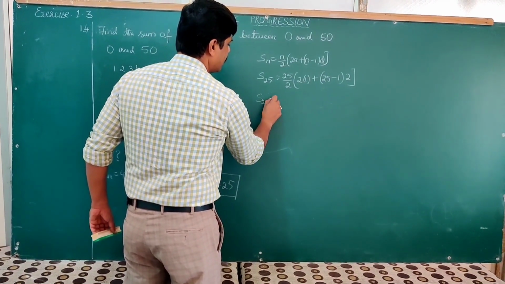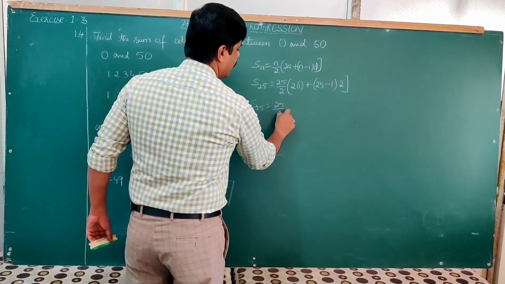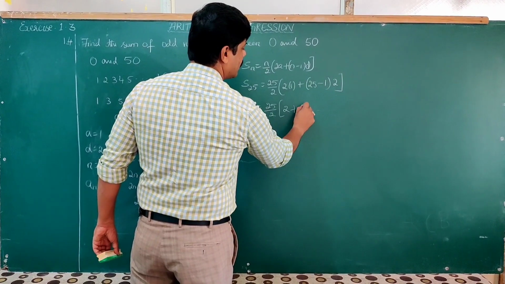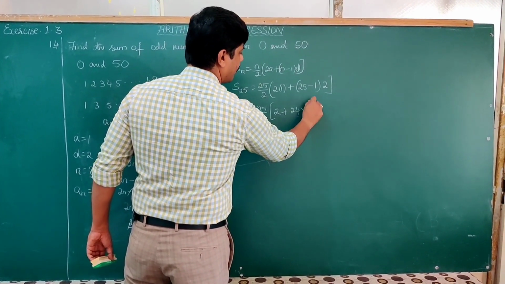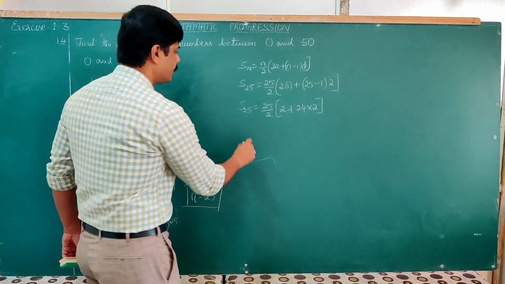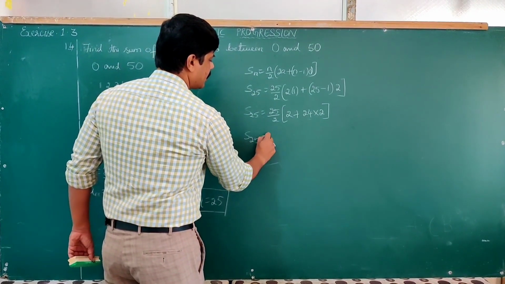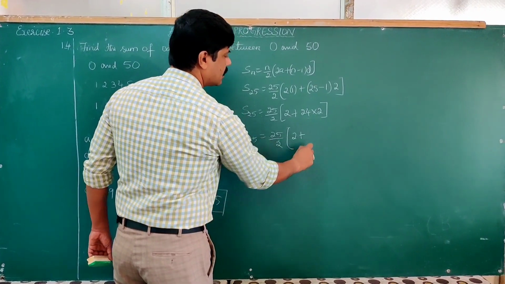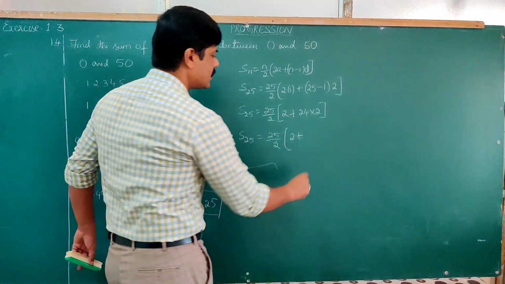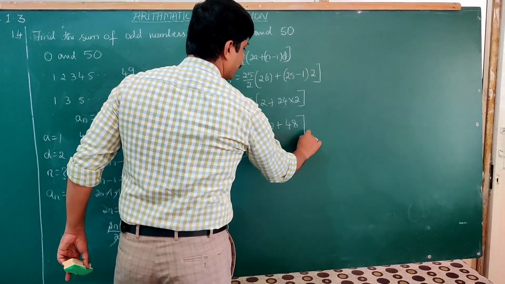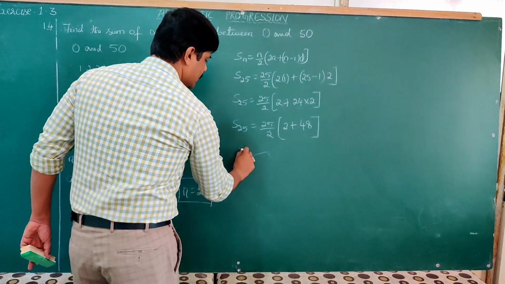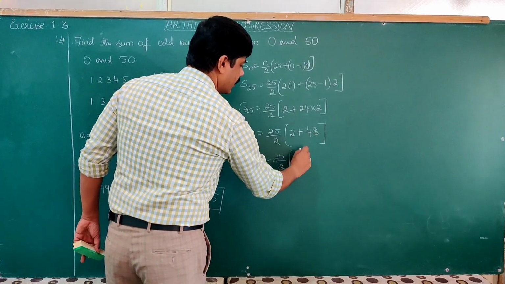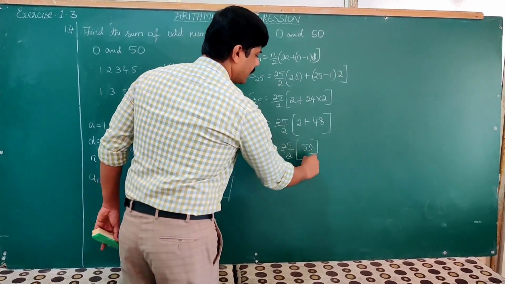S25 is equal to 25 by 2 into 2 plus 25 minus 1, 24, into 2. So 2 plus 24 into 2 is 48. S25 is equal to 25 by 2 into 48 plus 2, which is 50.